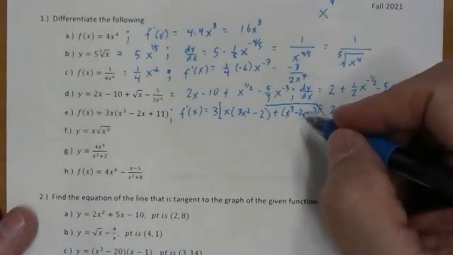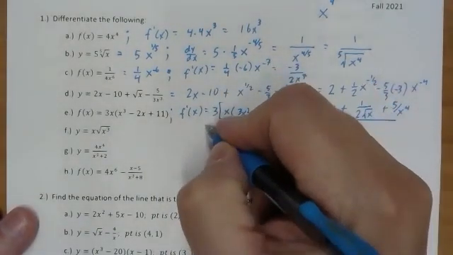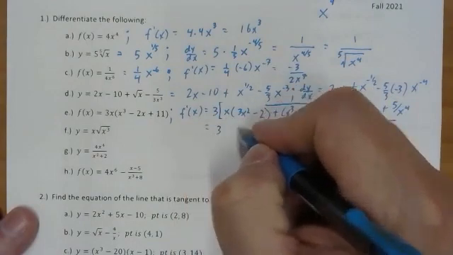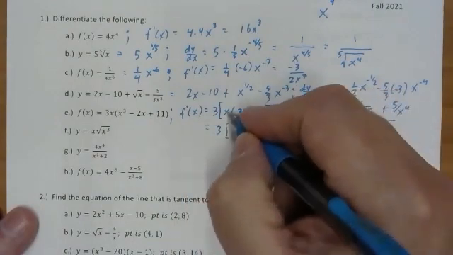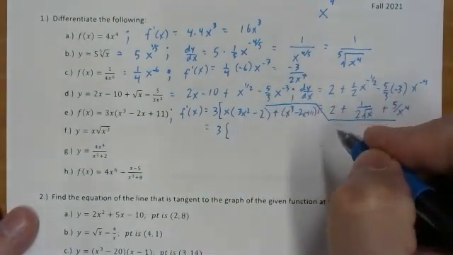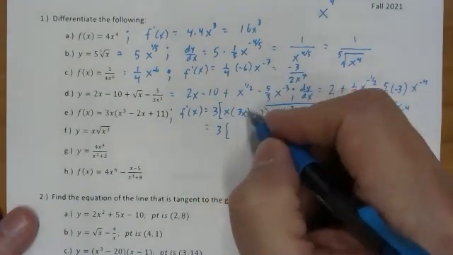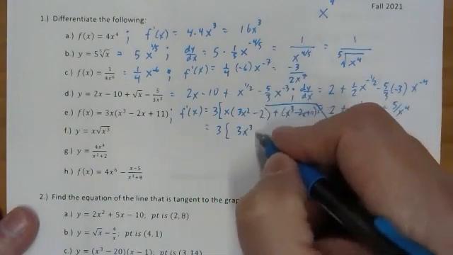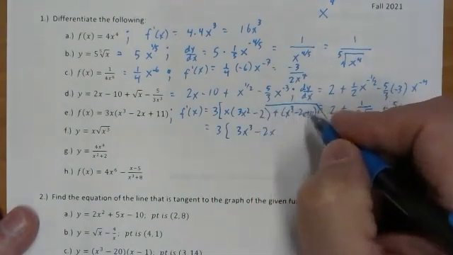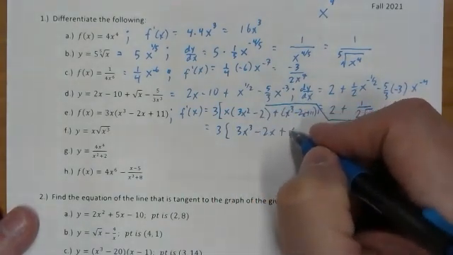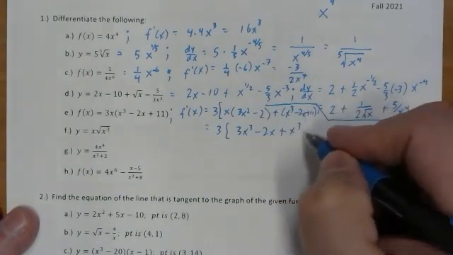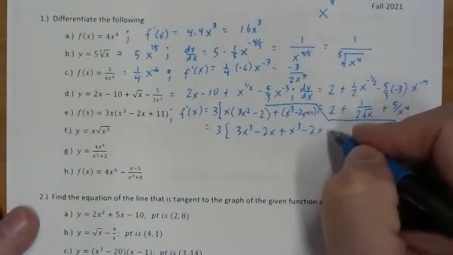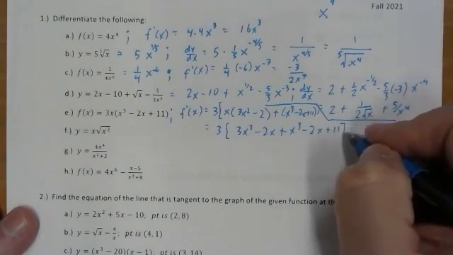And what I'm going to do is multiply out these parentheses. So x times 3x squared is 3x cubed minus 2x, then plus x cubed minus 2x plus 11.